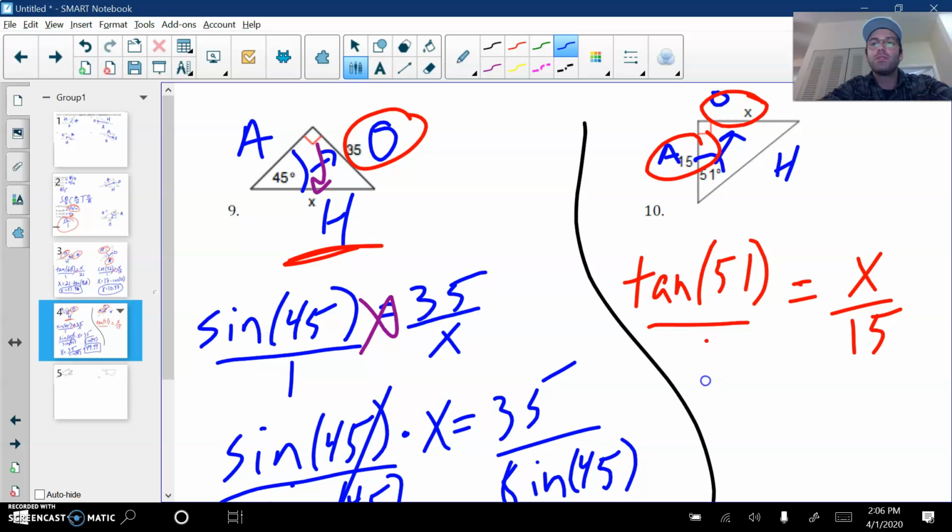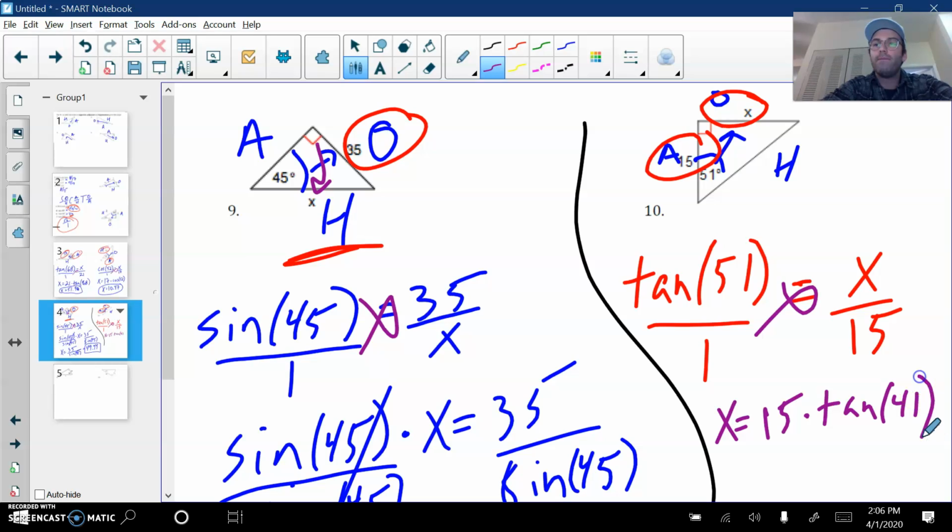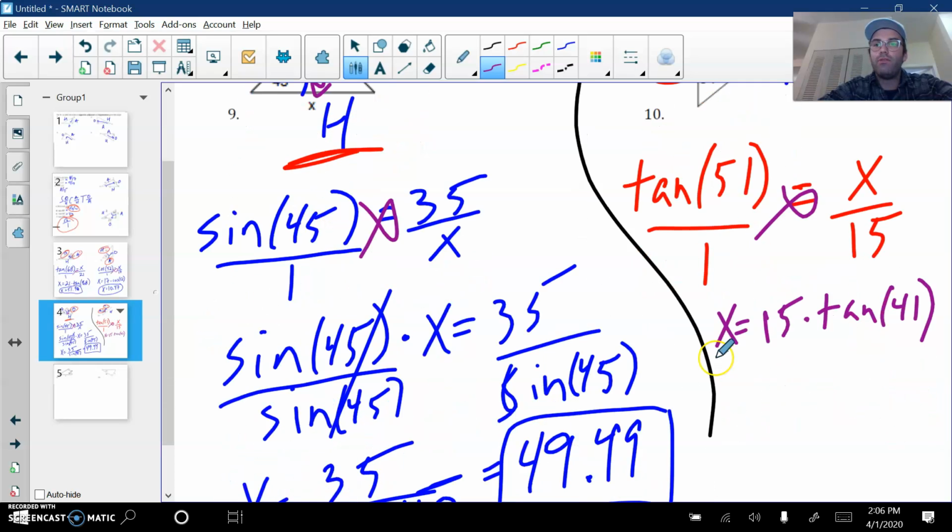Again, I'm going to put this over 1. Since X is on the top here in my trig ratio, I'm just going to multiply my side length, so 15 times my trig function, tangent of 41. I got 13.04.